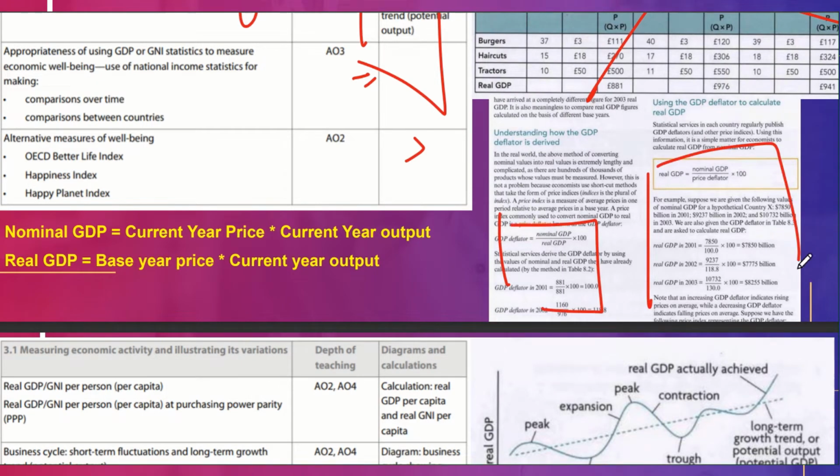They might also ask about real GDP growth. It is real GDP year 2 minus real GDP year 1 upon real GDP year 1, into 100. If you use this formula, you can easily calculate the real GDP growth rate. We will discuss that at a later stage.